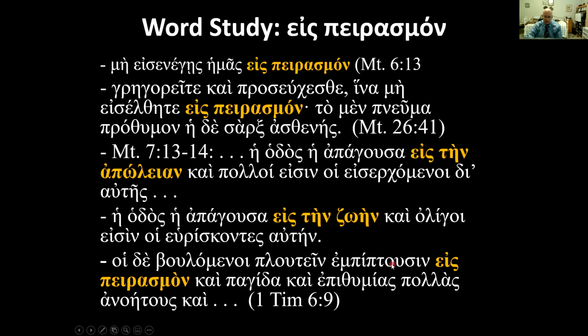Pipto is to fall, empipto, to fall into, present tense, are falling into temptation, and a snare and many wrong desires. So the desire to be rich is the root of all kinds of evil. That's another verse, but it's essentially saying the same thing.